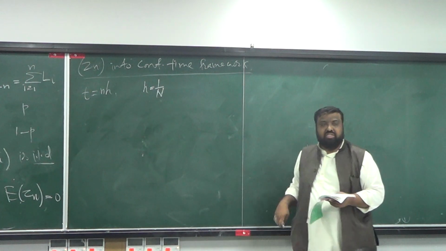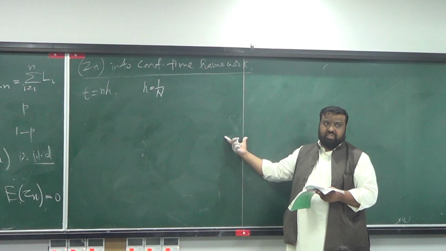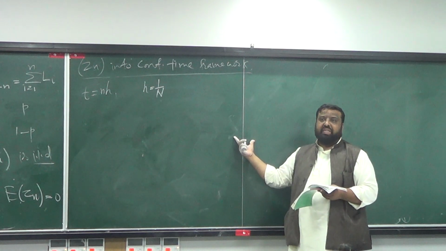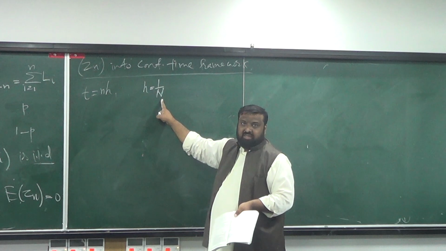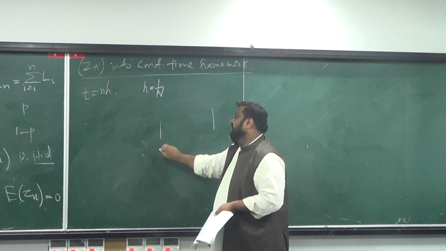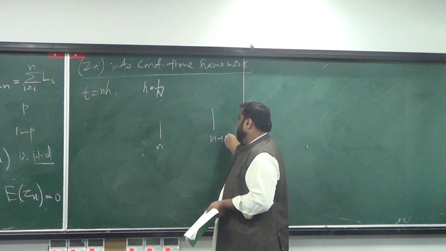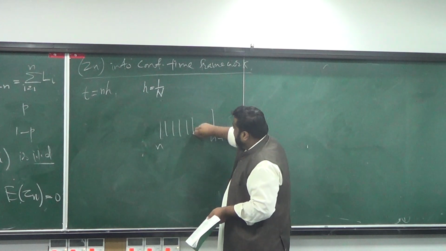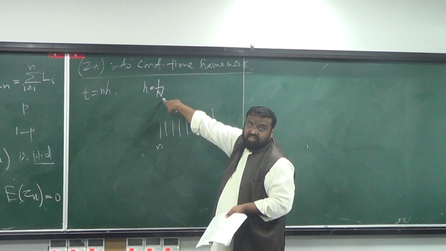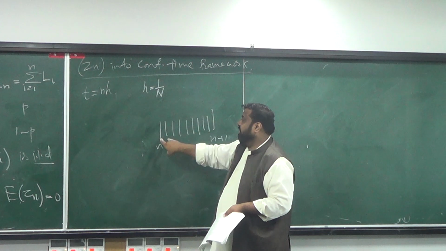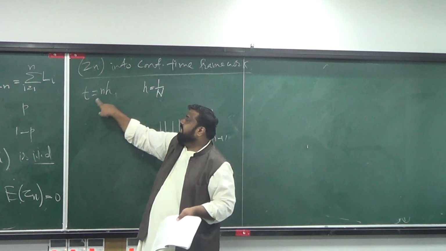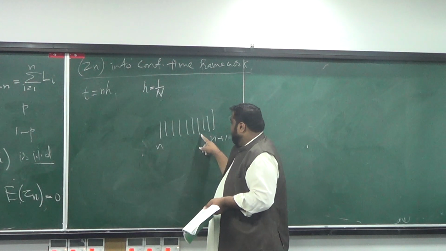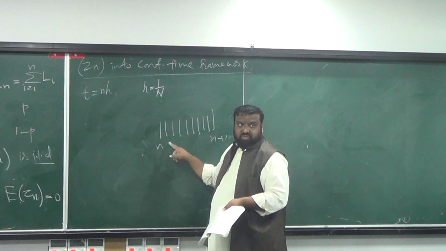In other words, each instant 1 to 2 is being divided into n equal parts, where each of them has length h, and t equal to nh could be any of these points.